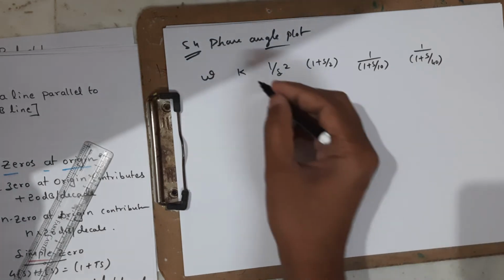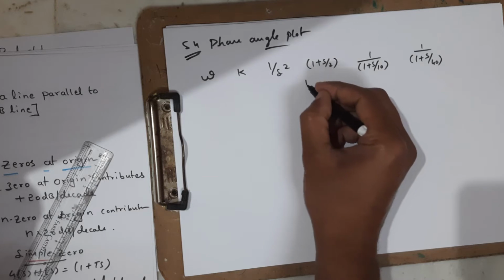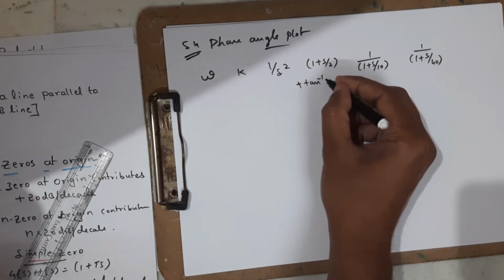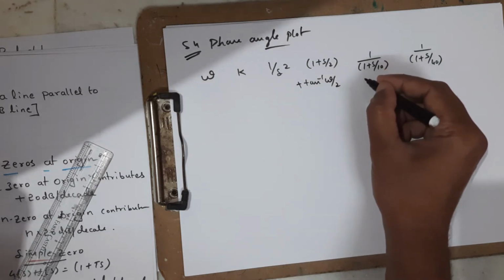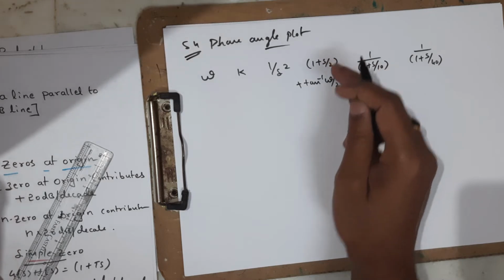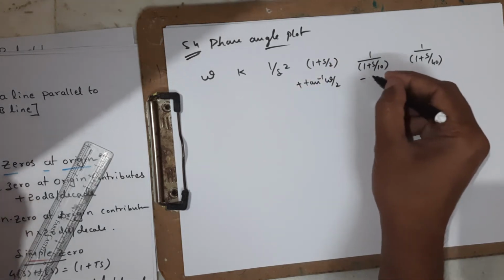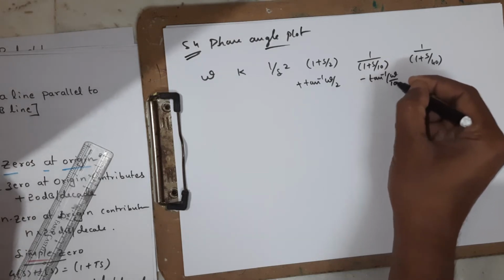Next, this one will be plus tan inverse of omega by 2. This is a simple zero, that's why it is plus tan inverse of omega by 2. This one is minus tan inverse of omega by 10.